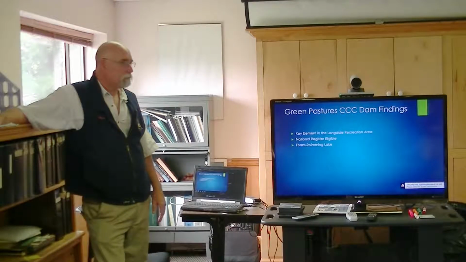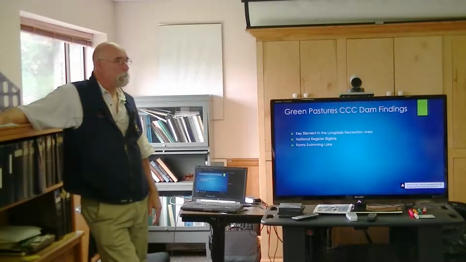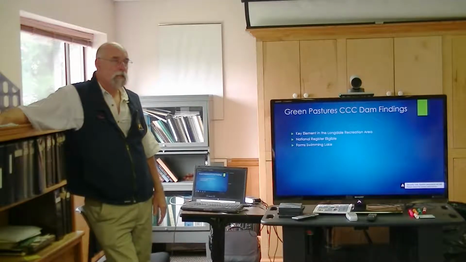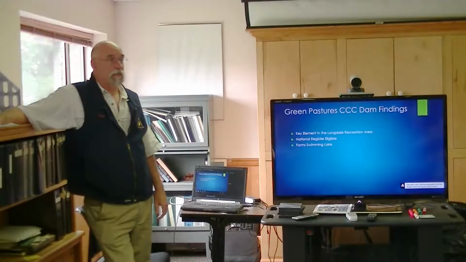And I'm not sure exactly what sort of condition it's in at this point, because it has not been really worked in a number of years. Do we know when the last time it was drained was? I could ask Liz, she might know. She says it's been 5 or 6 years, at least. It hasn't been drained recently at all. Is it just left closed, or is it leaking a little bit?